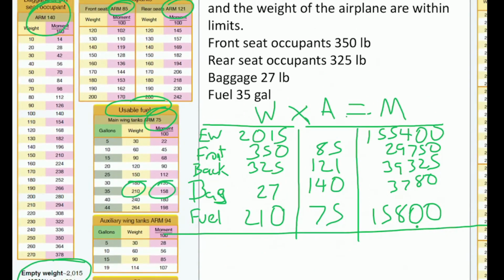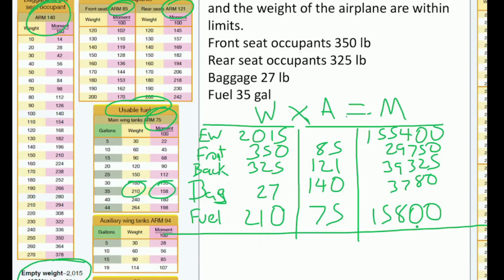And if we do the math for 210 times 75, now here's the thing, if you use the table, it's 15,800.